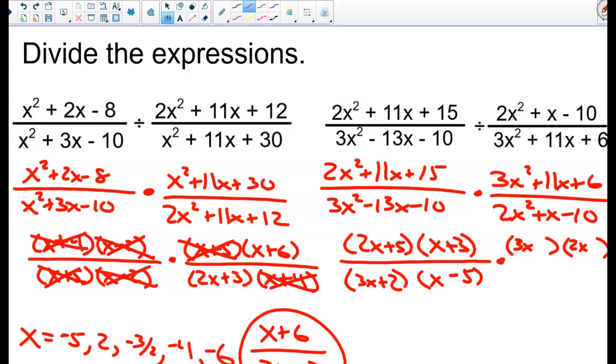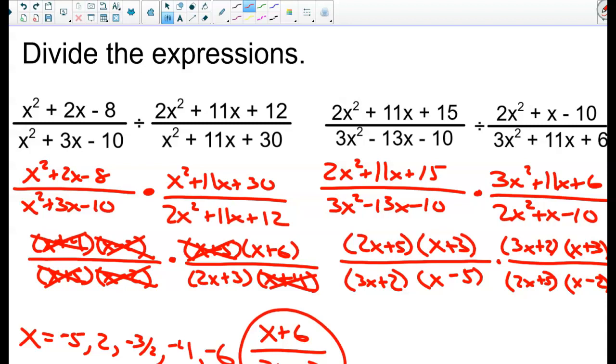Now I've got to get to 3x and x, and now I need to get to a middle term of 11. Putting a 3 here does no good, so I'll put my 3 here and my 2 here. These are both plus signs. Over 2x and x. We have 10, so I'm going to use 5 and 2. I'm going to put my 2 here and my 5 here. And that gives me my correct middle term.